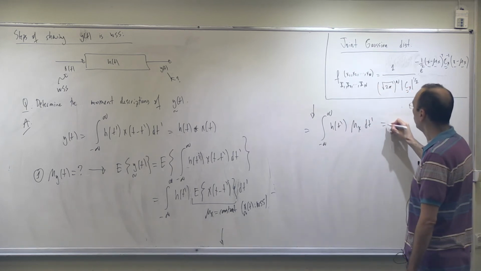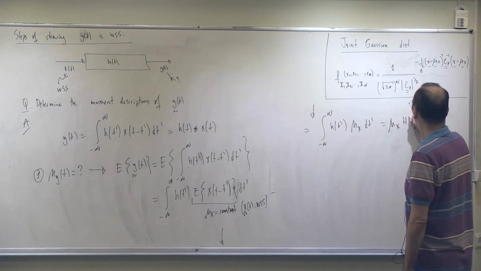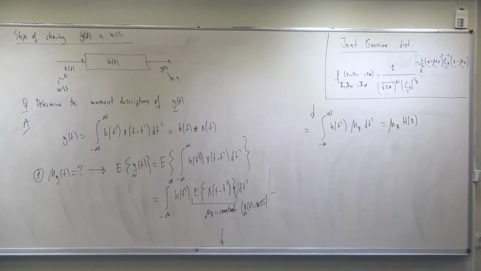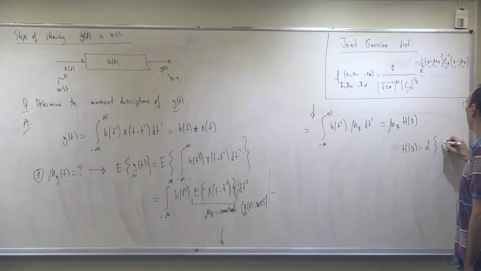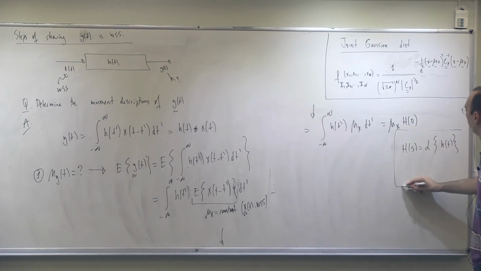Would you agree that this is something like H of 0, capital H of 0? So what is capital H? Maybe you can guess. Laplace transform of h of t.